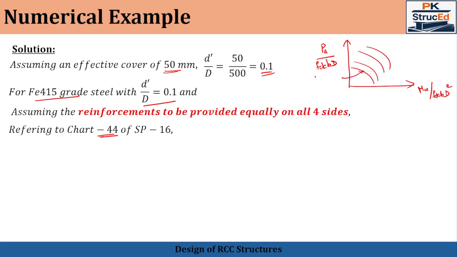The first curve represents p by fck of 0 and the second curve represents p by fck of 0.02.